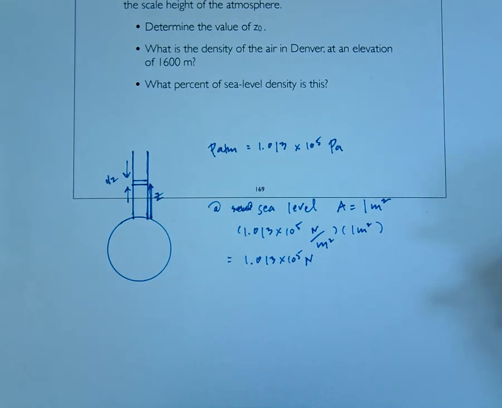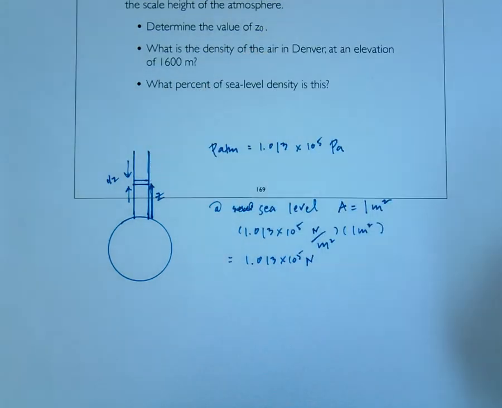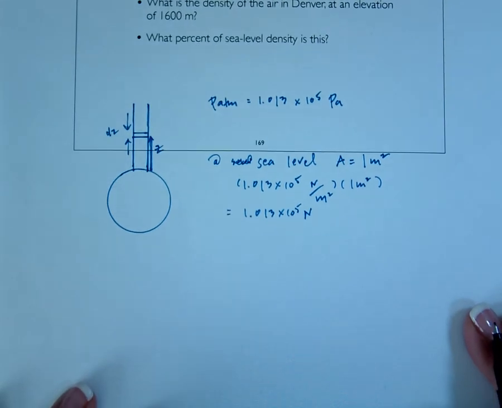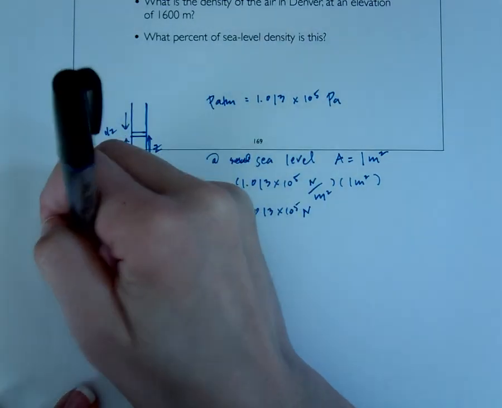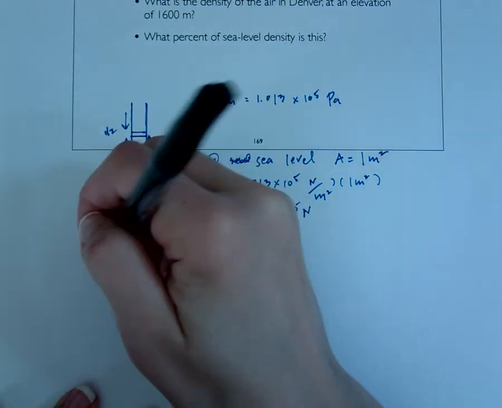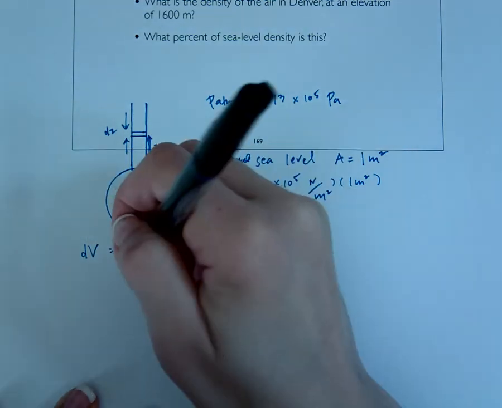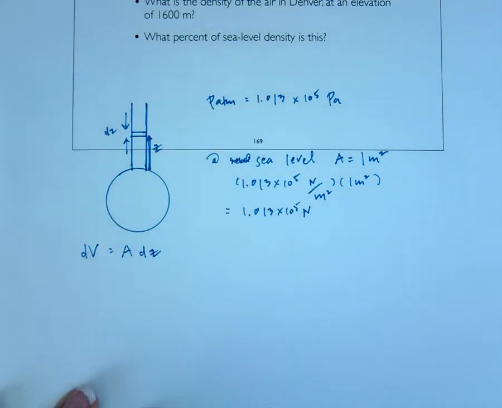So what about this slice? What's the weight of that little slice that I've drawn in my picture? Well, let's start with the volume. We're going to need to know the volume. Call it dV. It's equal to the cross-sectional area times dz.